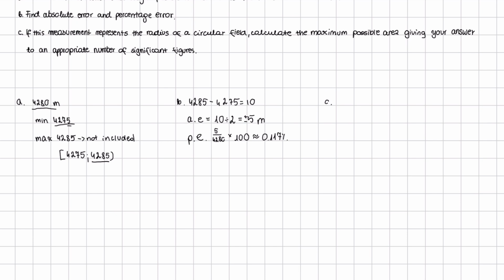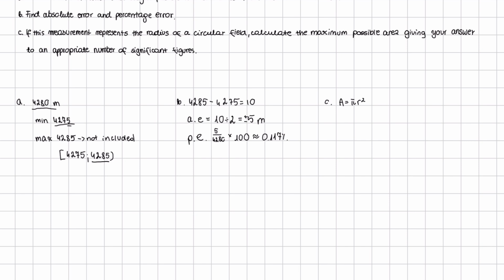And we have also point C. If this measurement represents the radius of a circular field, calculate the maximum possible area, giving your answer to an appropriate number of significant figures. Firstly, we have to recall the area of a circle, because we have a circular field. You have this formula in your booklet, and it is pi times radius squared.